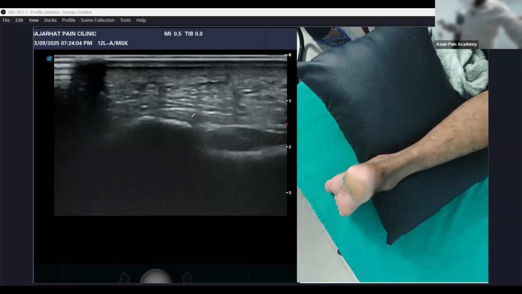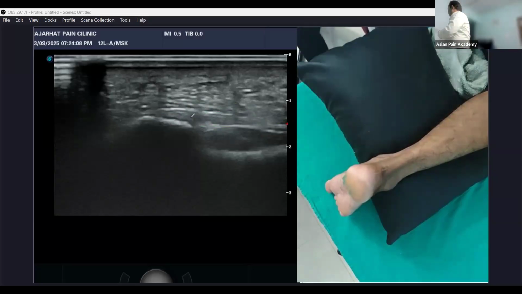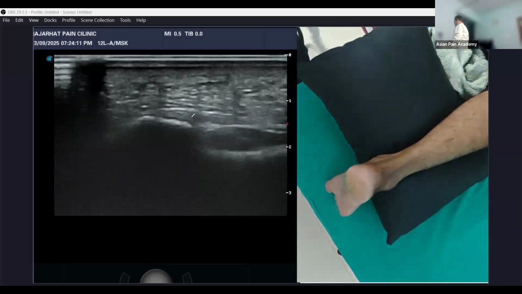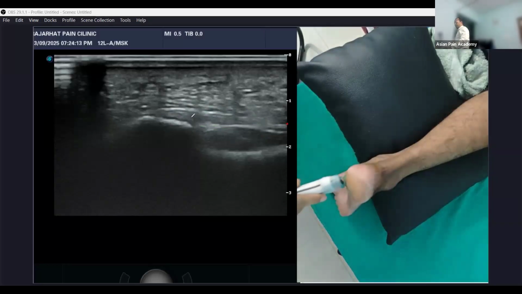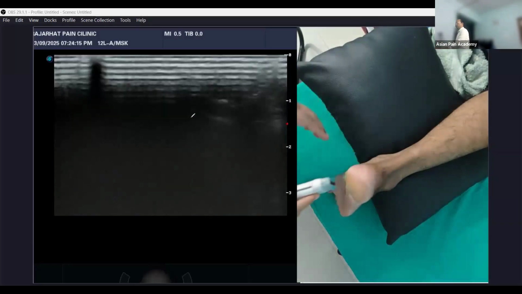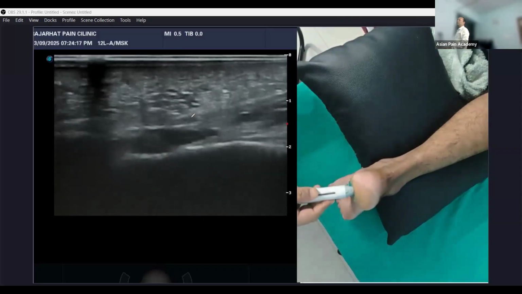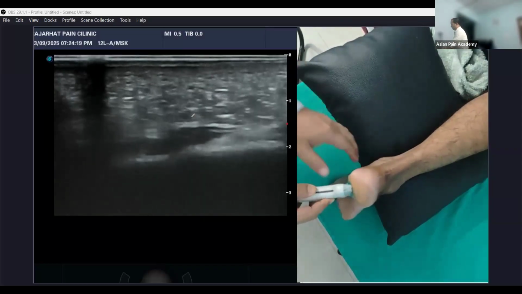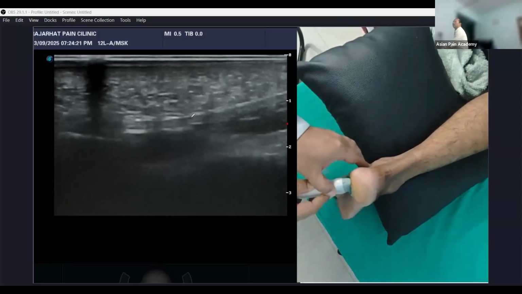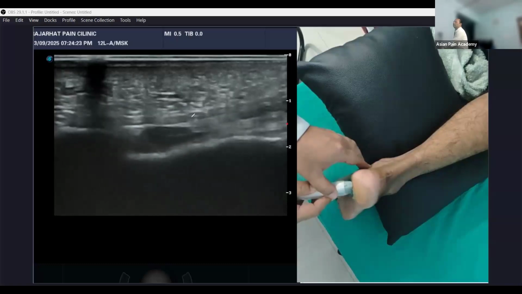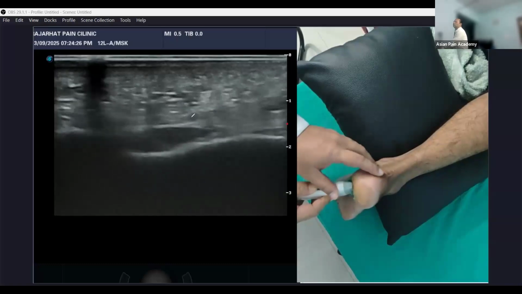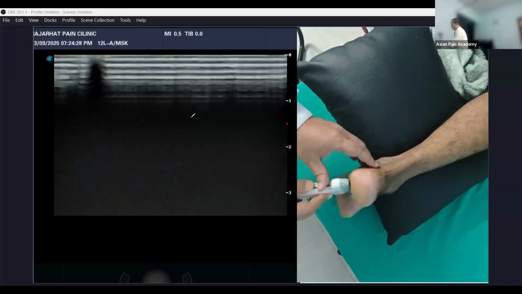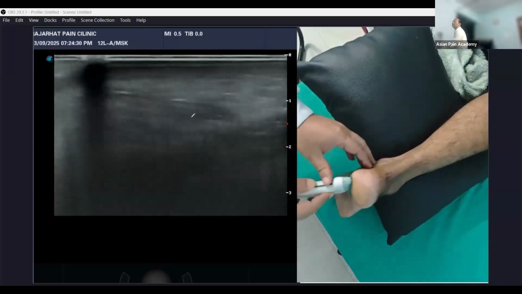You can see the plantar fascia also in a short axis manner. So first let me check in a long axis again. You can see if I hold like this, all parts of the plantar fascia I cannot see together, but I can show you a large part of the fascia.